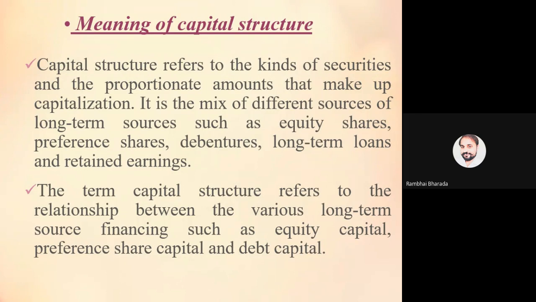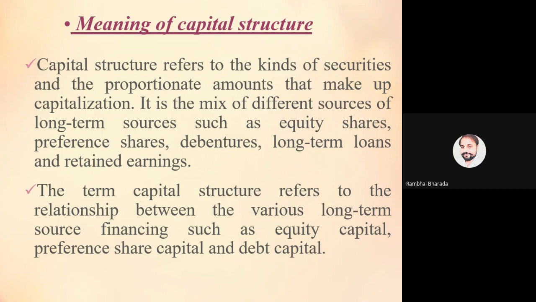So, in one line, in simple language, I can say that capital structure means a mixture of equity, preference, debt, and retained earnings. Or in another way, I can say that it represents the composition, the proportion of various sources of finance.